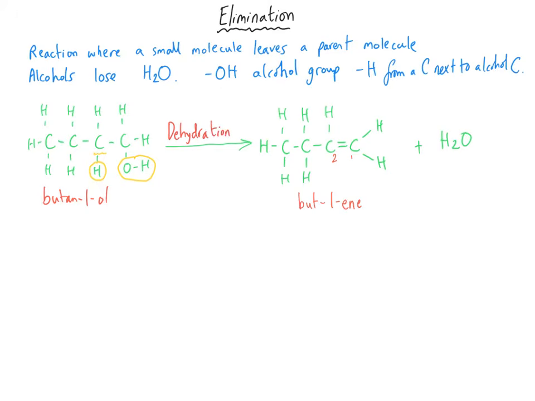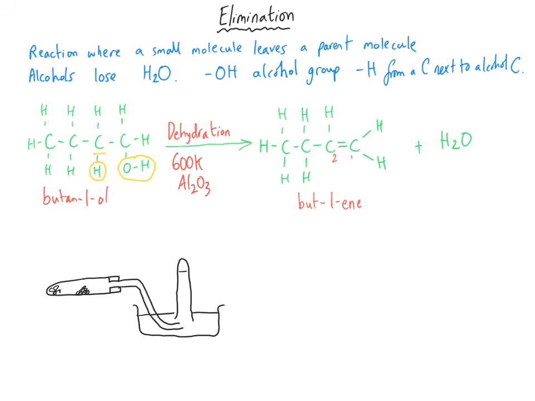Now, to make this reaction happen, you need to subject it to quite strong heat, 600 Kelvin, and we need to use a catalyst that is most commonly an aluminium oxide catalyst. Now, to do this experiment in a lab is actually really similar to doing the cracking experiment in a lab.